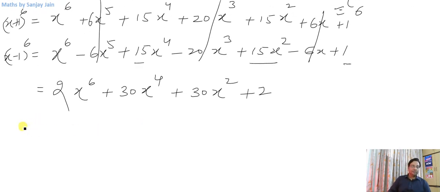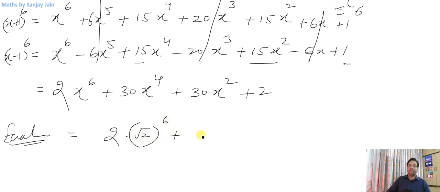Okay, so the evaluation is equal to 2 into root 2 raised to power 6, which is 2 raised to power 3, right? First let us write in terms of root 2 and then we will solve it in the next step. Now let us solve it.